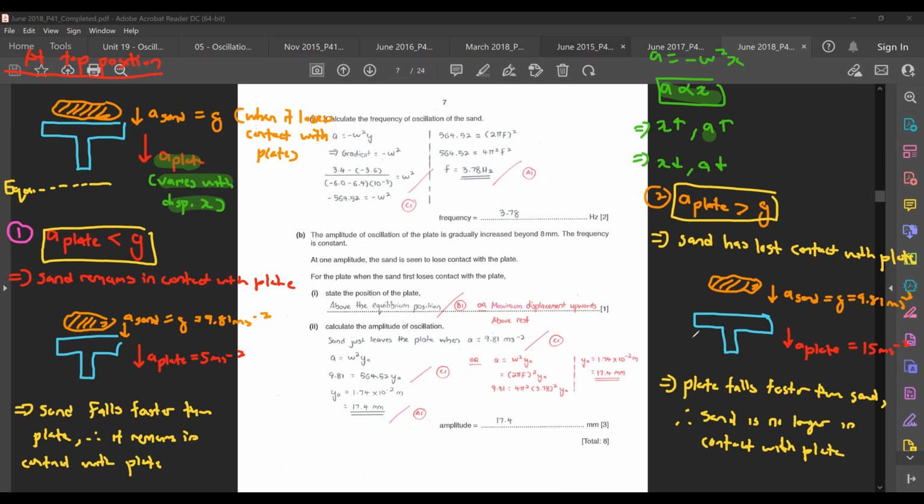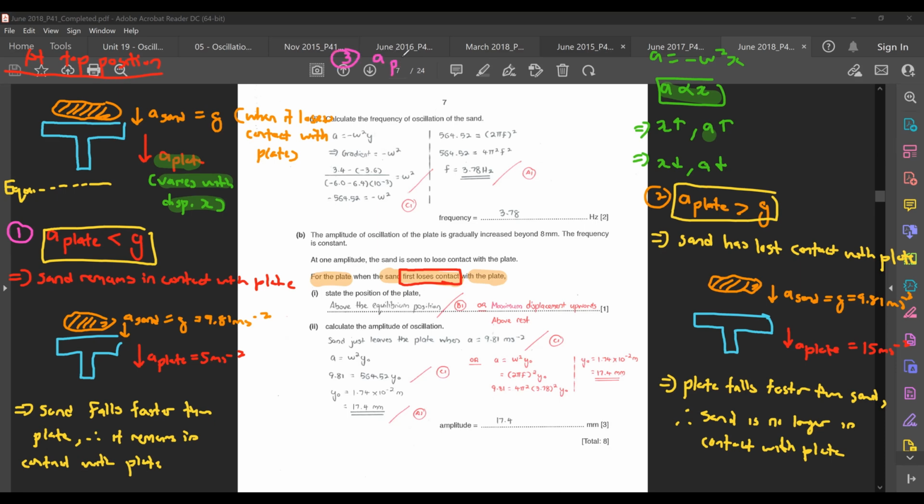So where do you suppose is the point where your sand will start to lose contact? The point where the sand first loses contact. You see, for the plate, at the point of losing contact, the acceleration of the plate must be equal to g. So this one I'll write it here.